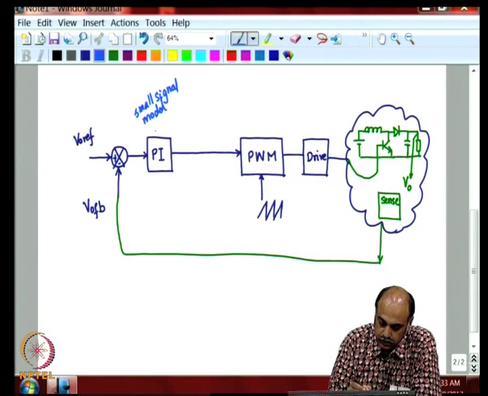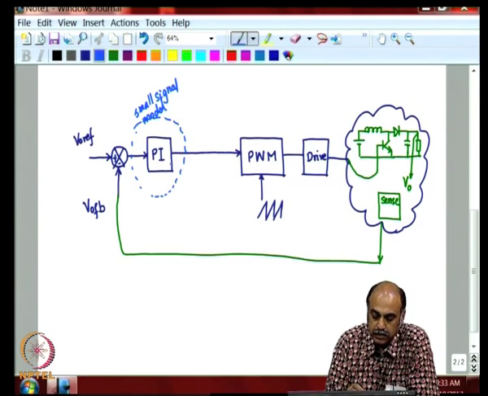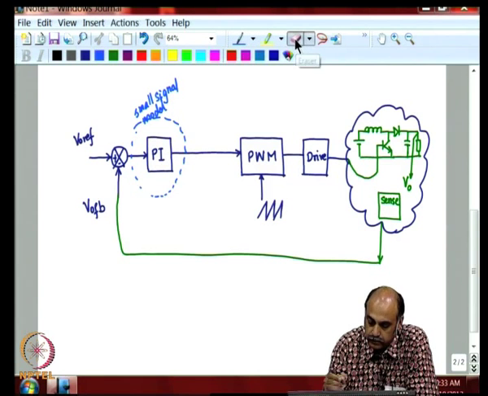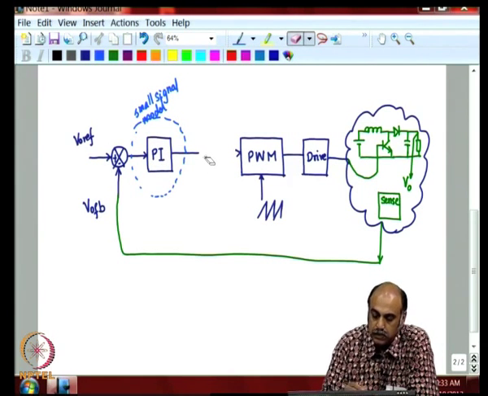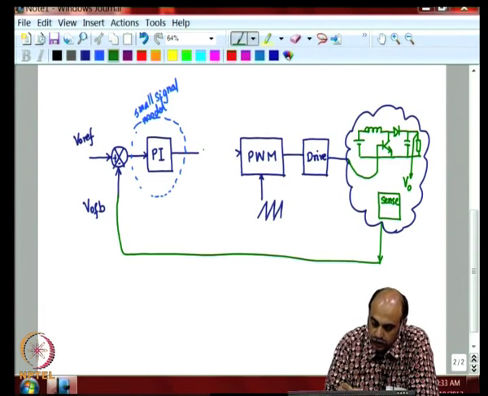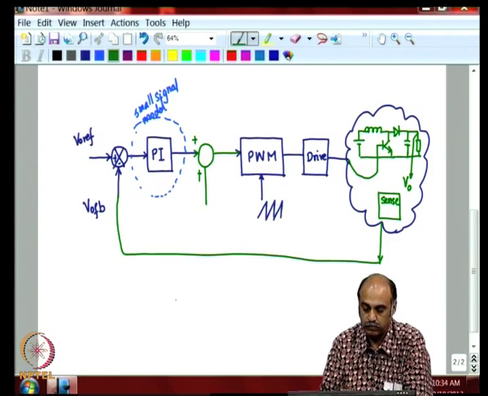So, this portion should actually focus on the disturbance above the steady state operating point. So, in order to do that, we introduce here a feed forward term, like this, plus and plus.